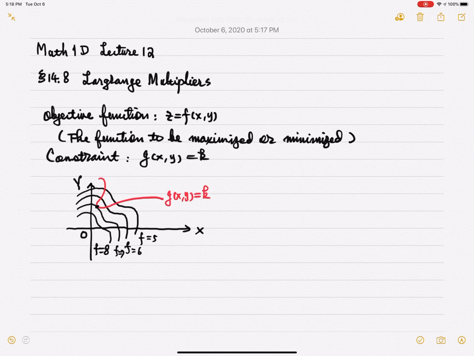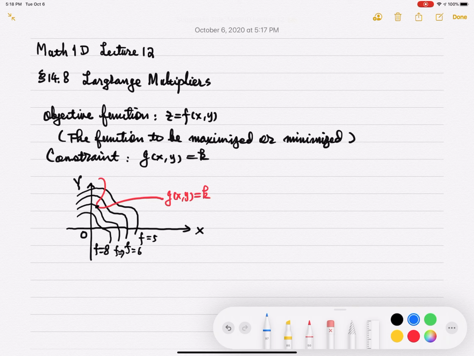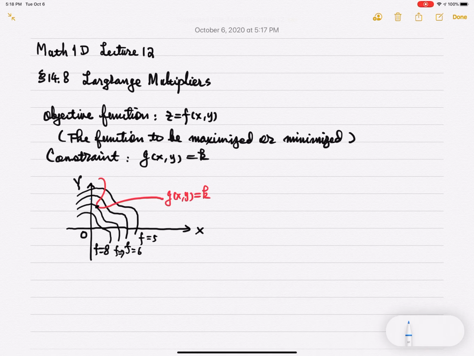So that's the maximum value, which means those two curves touch each other, or we say they have the same tangent line. If I draw a tangent line like that, then the gradient vector for each function should be parallel, maybe pointing in this direction, or maybe pointing in the other direction. That's possible.